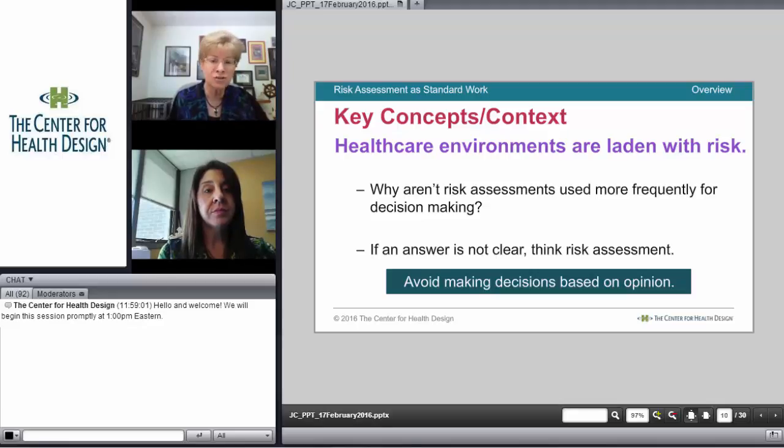We've got to start challenging that because we need to innovate and do things differently. So that's why a risk assessment brings much more rigor to decision making and challenges those opinions. Yeah, way too often I think it's the domineering voice that wins if you don't do something like this.